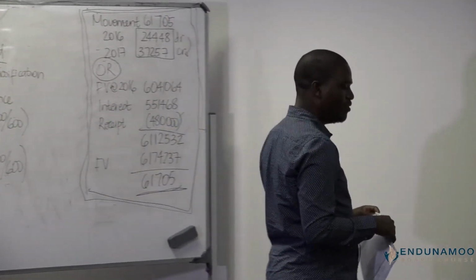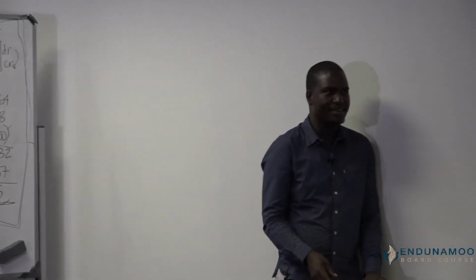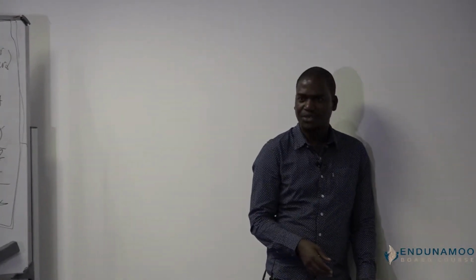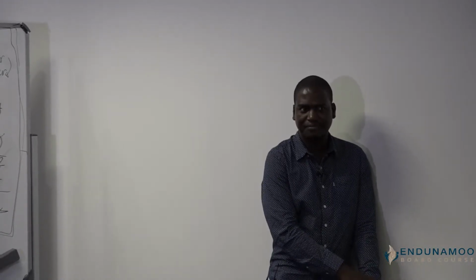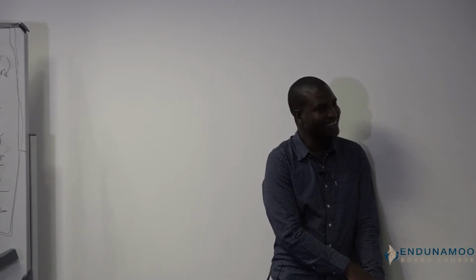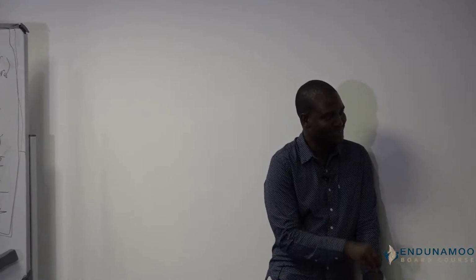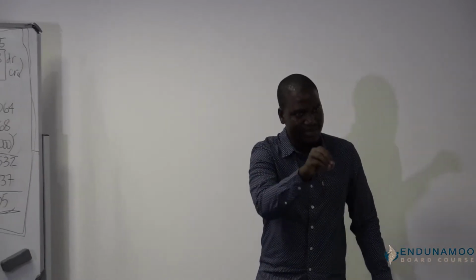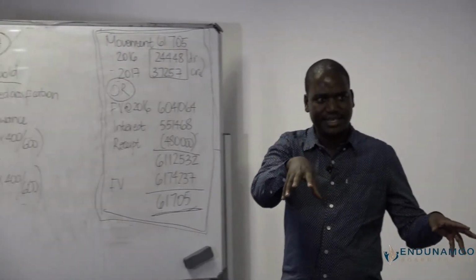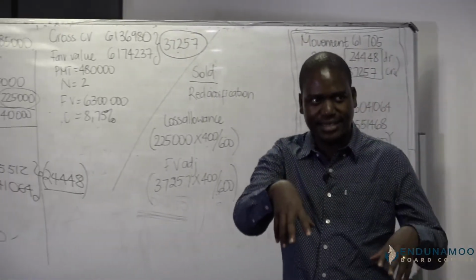So it's one of those where you get so many numbers and you wonder, what am I trying to do? So what is being tested here? So surprisingly, we got leases being tested, right? So who are we looking at here? Lessor or lessee? We are a lessee.